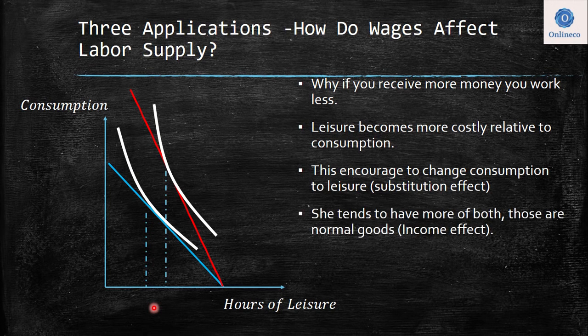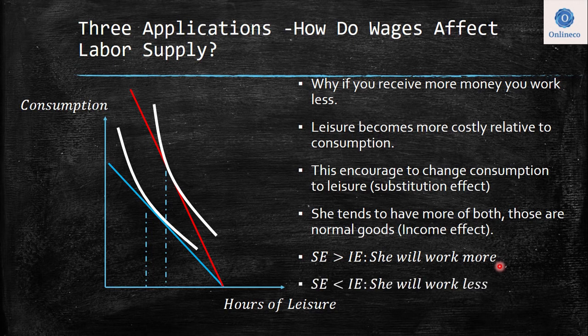But then the other part is the income effect. She tends to have more of both. Those are normal goods. Obviously, this person will have higher well-being. So if the substitution effect is higher than the income effect, then she will work more, right? But if the substitution effect is lower than the income effect, she will work less.